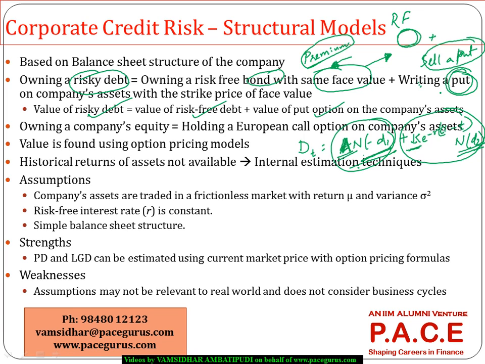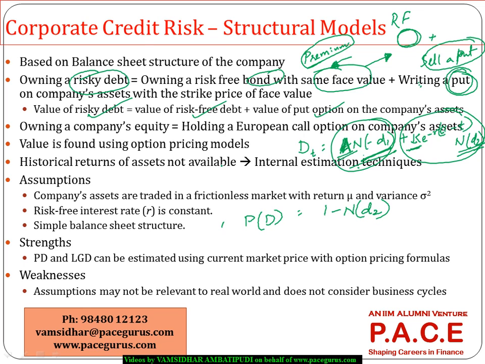So whenever we talk about the probability of default, the probability of default directly comes out as 1 minus N(d2). That is a measure of the probability of default.